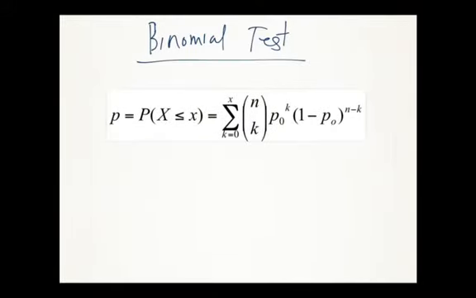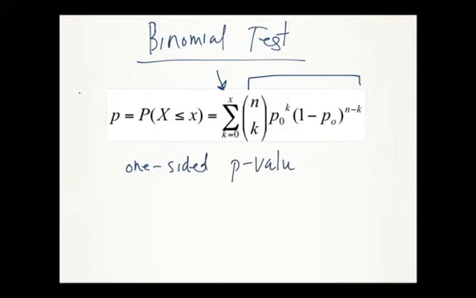Remember, this is the binomial distribution here, and here we're adding up anything as or more extreme than the observed result, and this would give us a one-sided p-value. Again, don't worry if you're not following the particulars of this. Just follow the big idea.